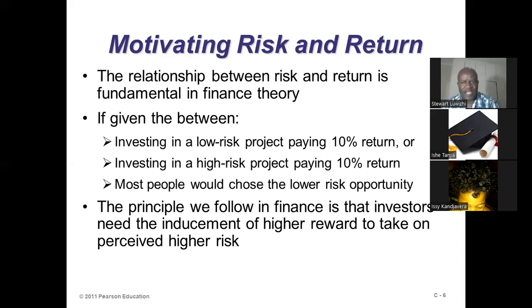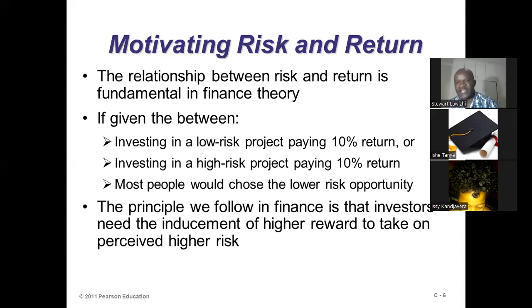We were saying that the principle we follow in finance, if you look at bullet number 3, is that investors need some inducement of higher reward to take on perceived higher risk. In other words, investors don't want to accept uncompensated risk. The higher the risk, the higher the return they want.